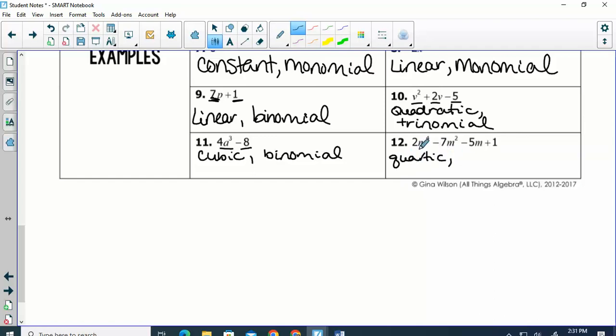How many terms? So 4 or more, we call it a polynomial. Any questions about what I mean by polynomial, counting up your degree or your terms?